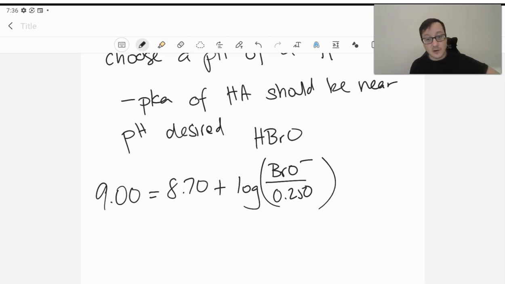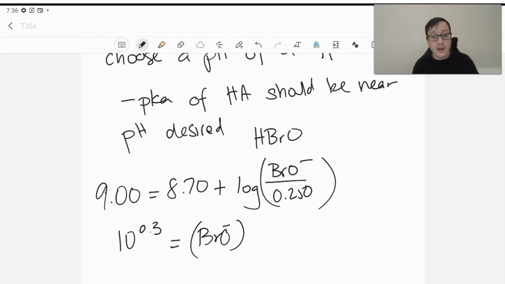You can solve this equation by doing the anti-log here. You'd have 10 to the 0.3 would be equal to the concentration of the hypobromite, sorry, divided by 0.25.